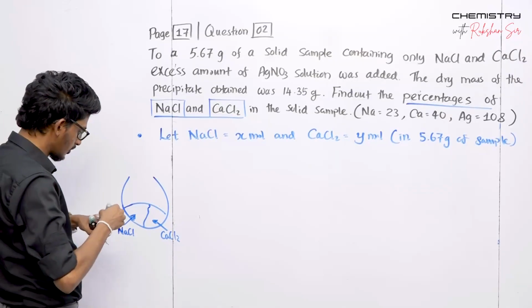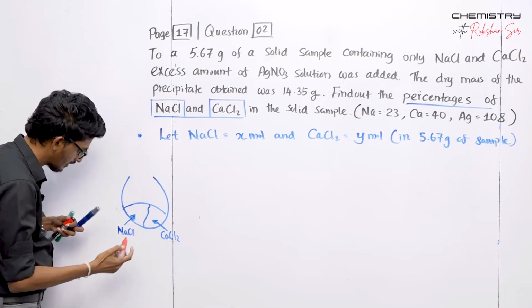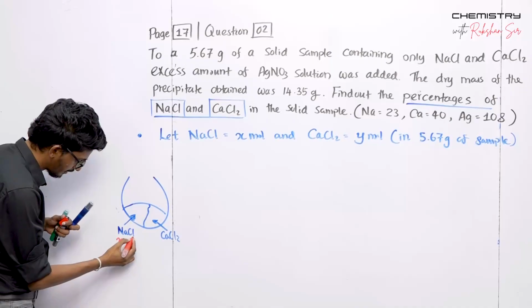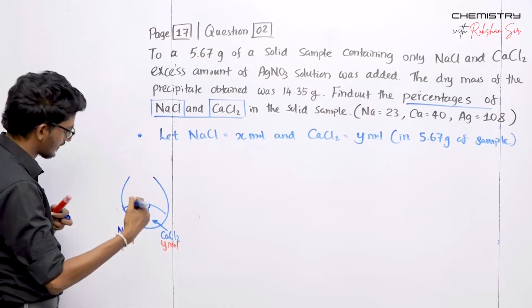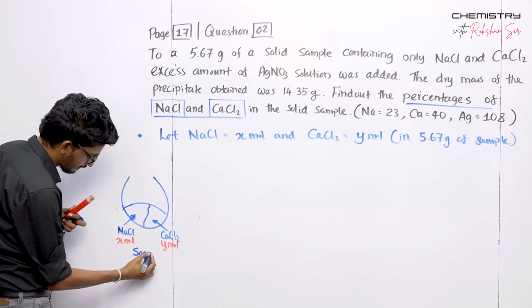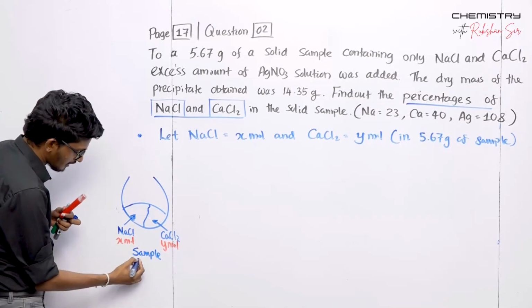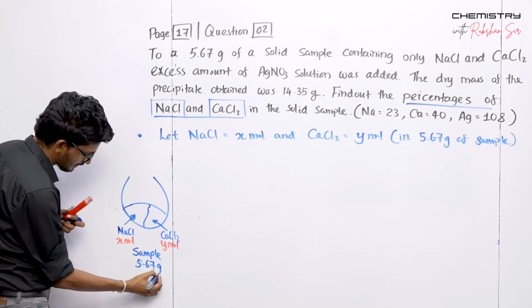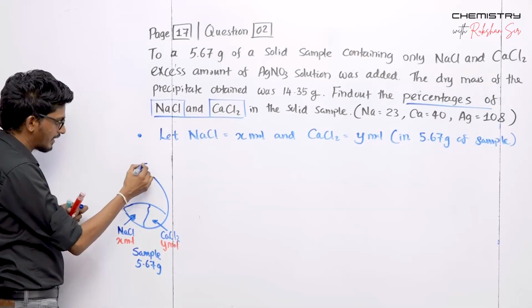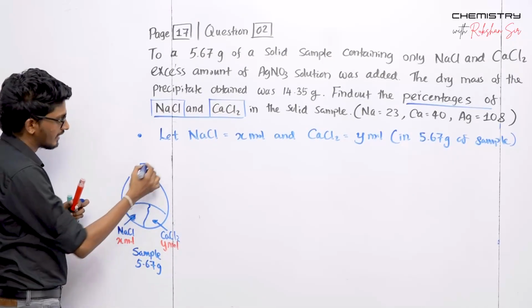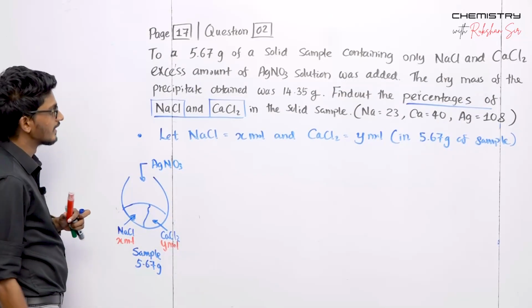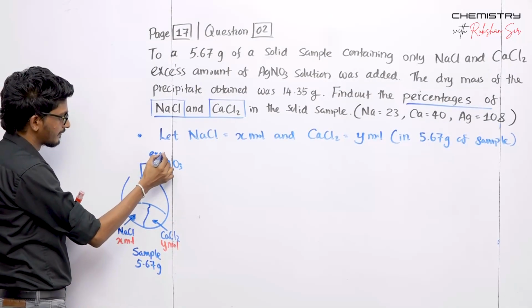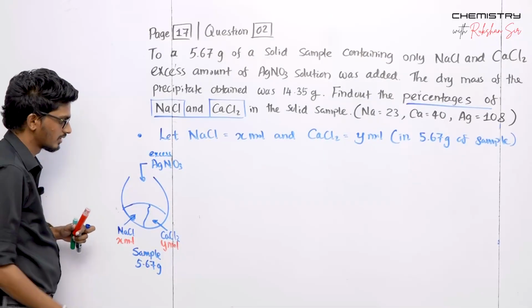So we had taken the numbers there as X moles and Y moles, right? The sample is 5.67 grams. You have added the AgNO3 to it, right?